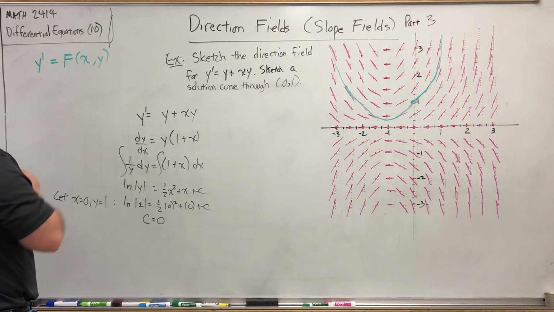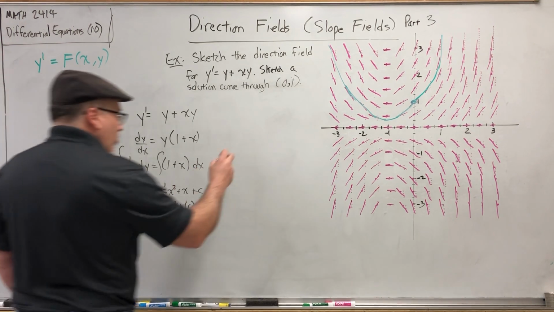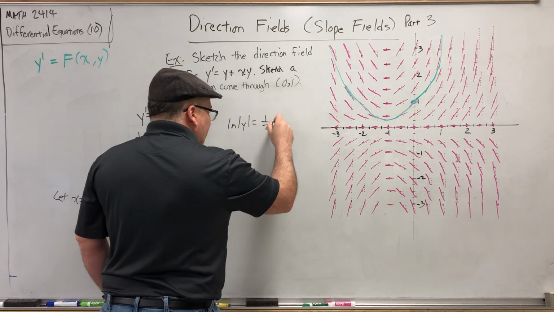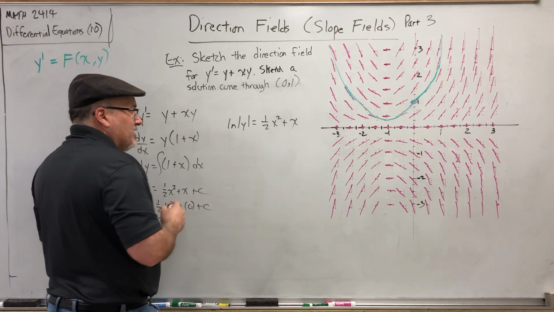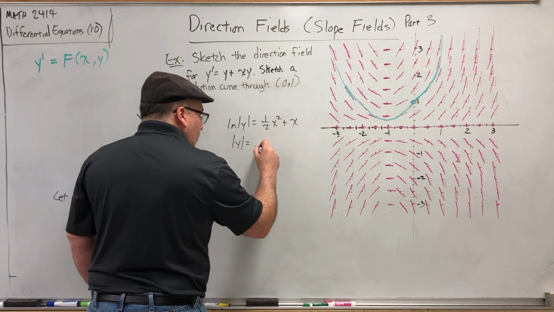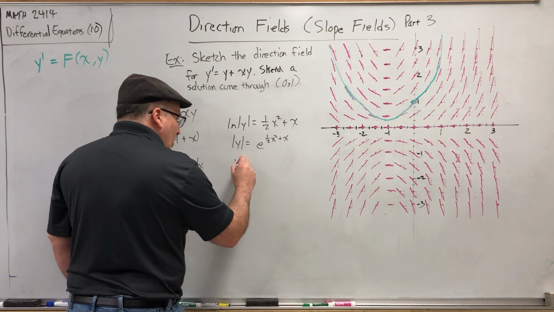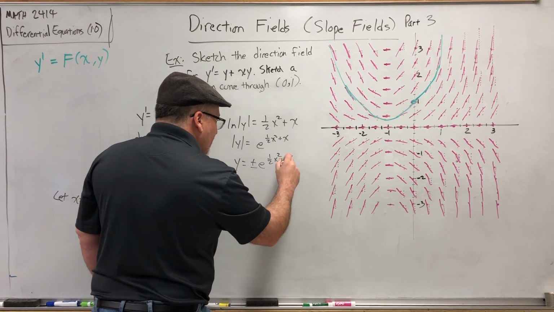So for this particular solution that has an initial condition of 0, 1, our equation is the natural log of the absolute value of y equals 1/2 x squared plus x. And if we solve this for y by exponentiating both sides, we get the absolute value of y equals e to the 1/2 x squared plus x, which means y is equal to plus or minus e to the 1/2 x squared plus x.